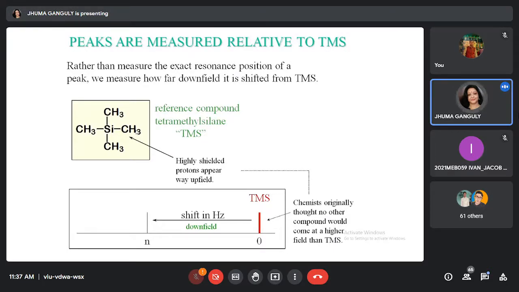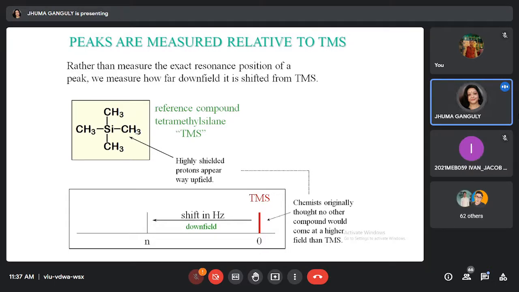But if the environment is different, there is a chance the electrons are attracted away, for example if you have an electronegative minus I group aside. The electron cloud goes towards it, so these protons slowly leave their electron cloud and become deshielded.